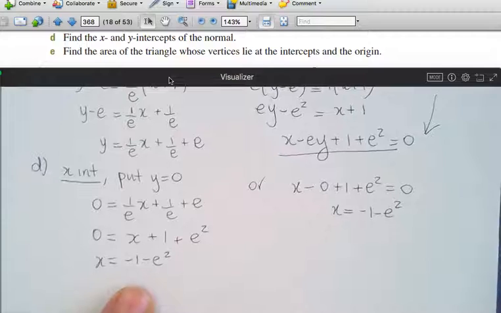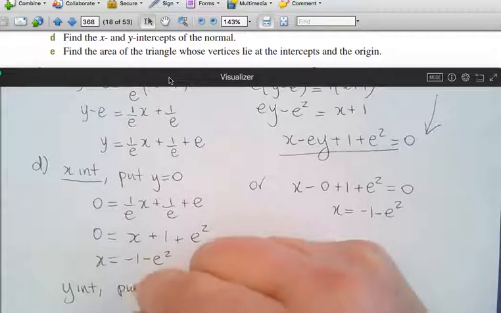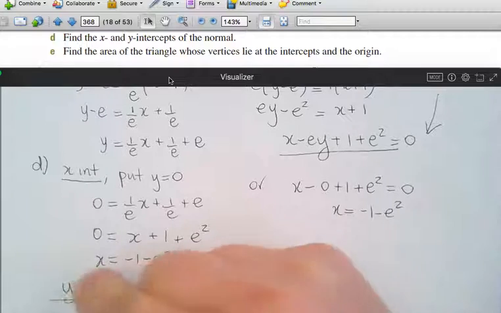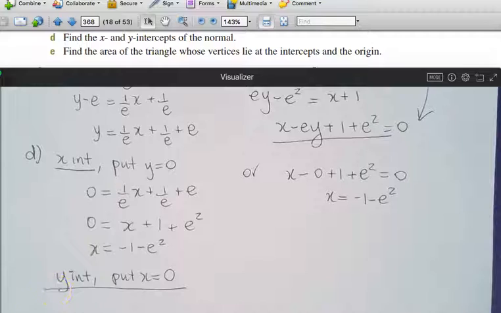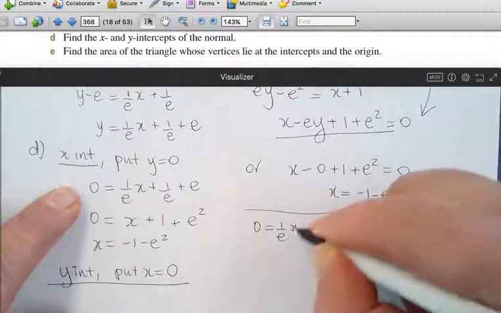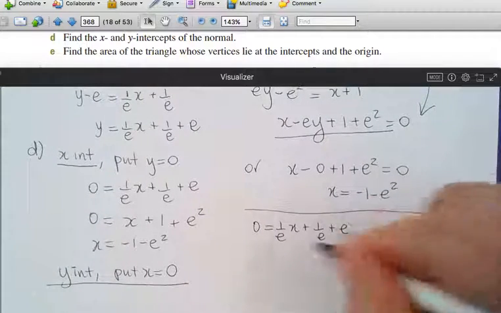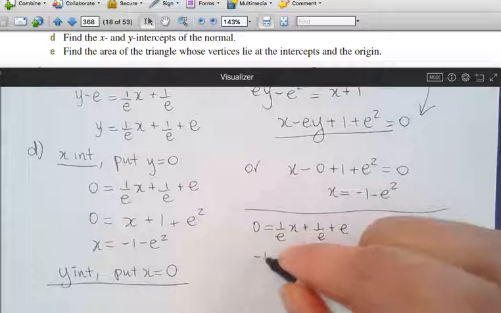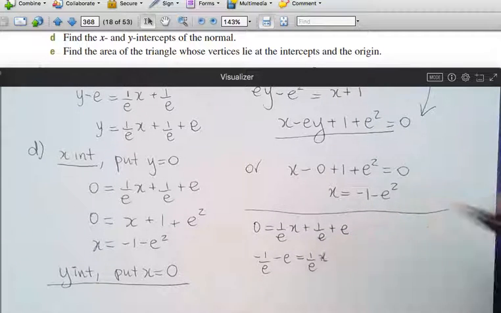That is your x-intercept. Now, for your y-intercept, you want to put x is 0. Method of doing that, if you've got 0 equals 1 over e x plus 1 on e plus e, other people may have decided to take these two over and get negative 1 on e minus e equals 1 over e x.